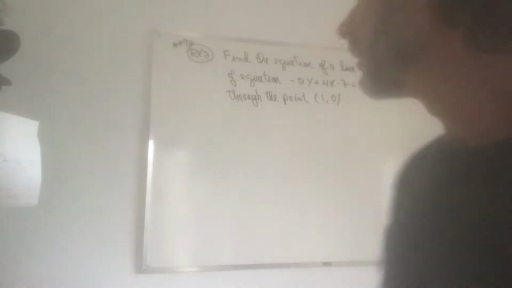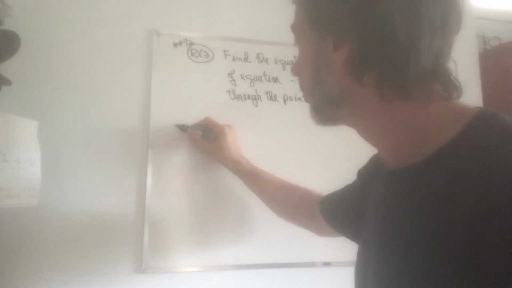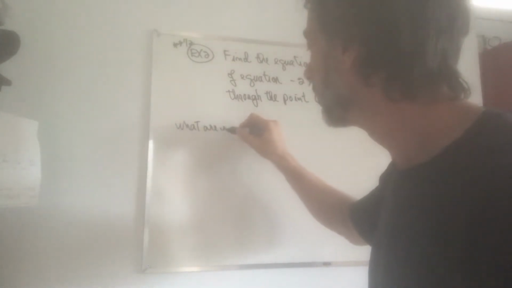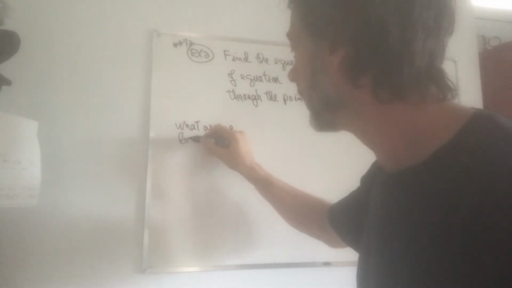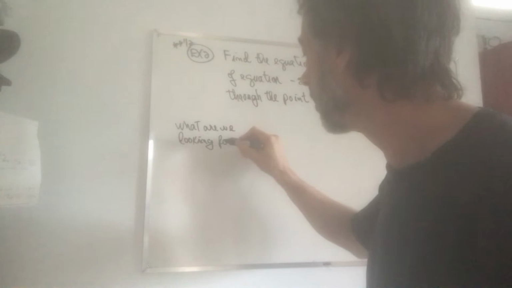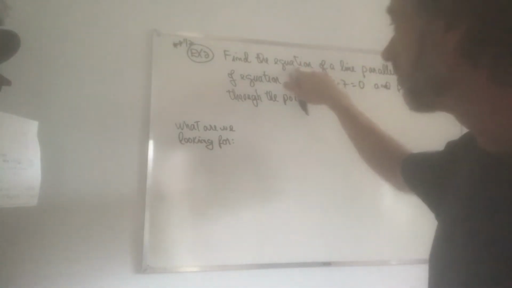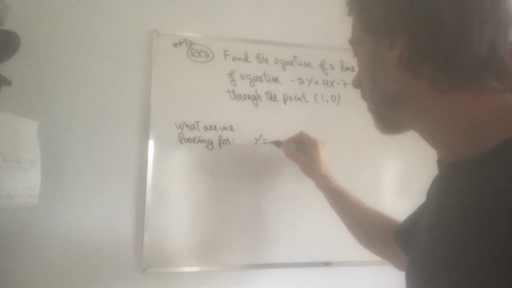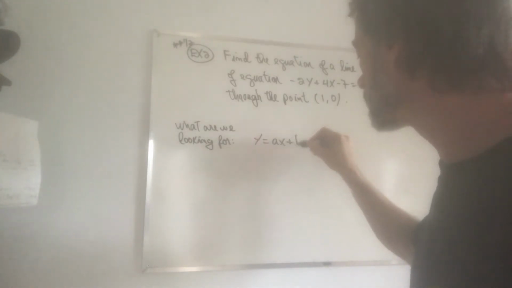All right, good. So again, what are we looking for? What does the question call for? It calls for finding the equation of a line. That is y equals ax plus b.